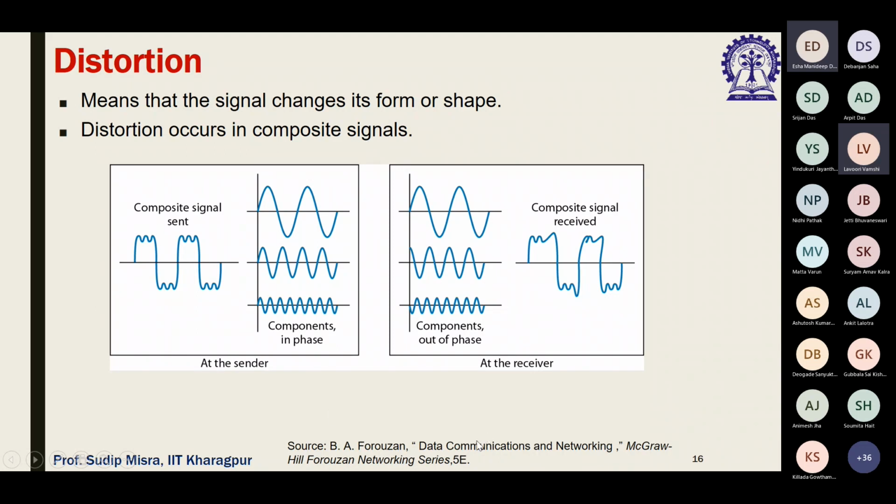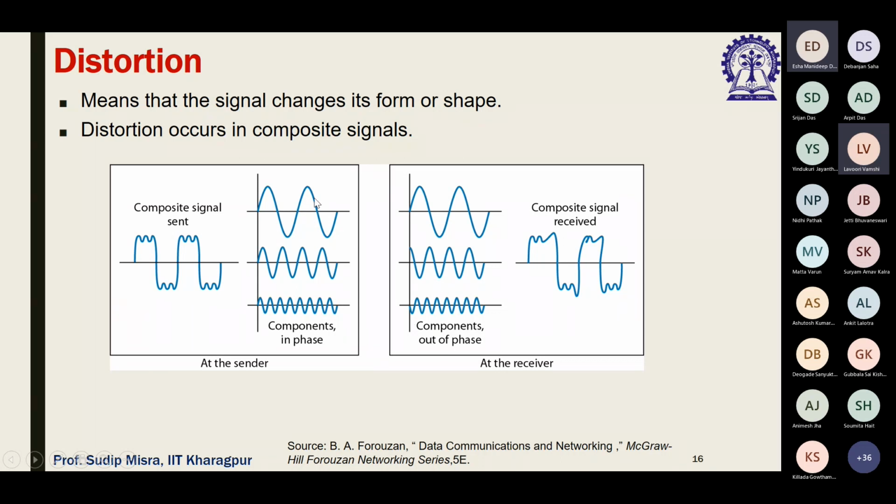Now at the receiver, this composite signal can get changed to have a different shape or form. So if you again break it into its different components, it is going to be like this. Now if you look at the components from the sender and the components from the receiver, there is a difference.